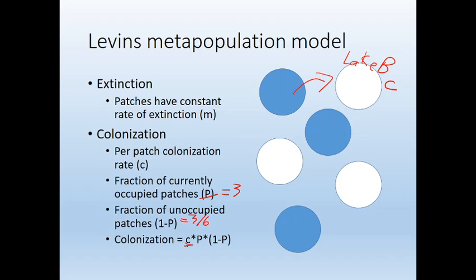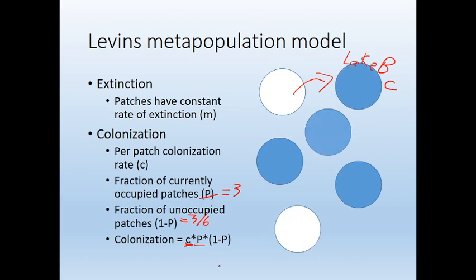This per patch colonization rate is constant, but as the population size, that is P, gets bigger, the more likely a patch is to get colonized. The bigger the population size, the more likely that species is going to be able to colonize a given empty patch.